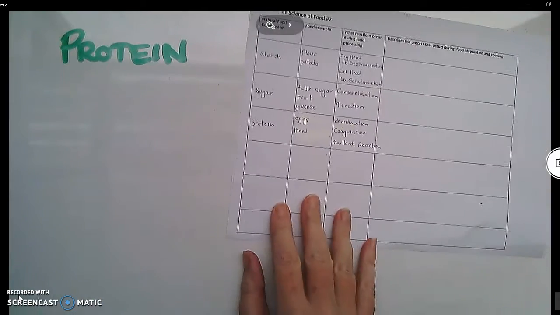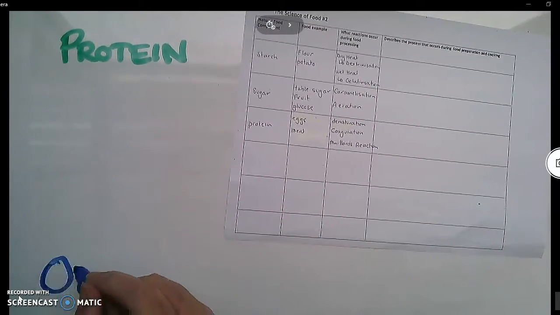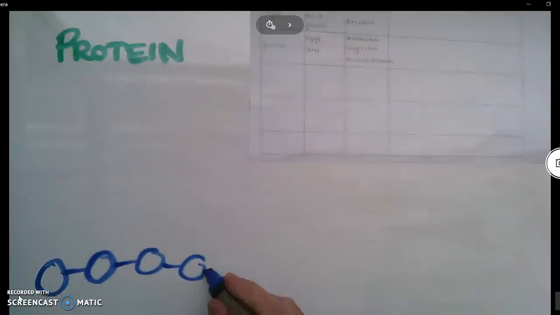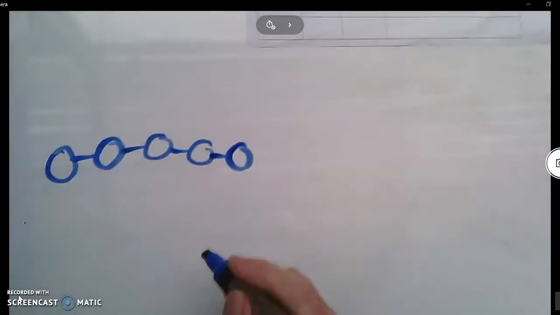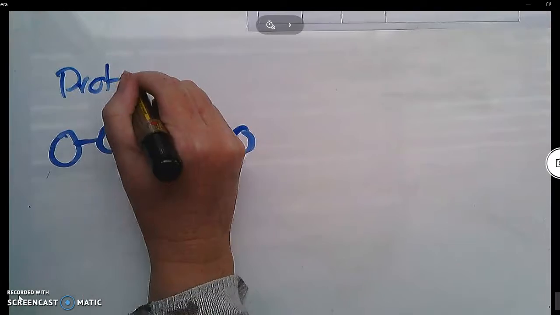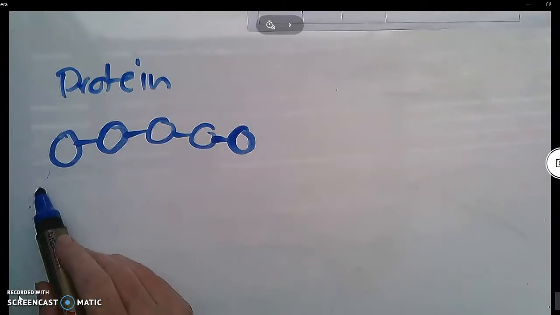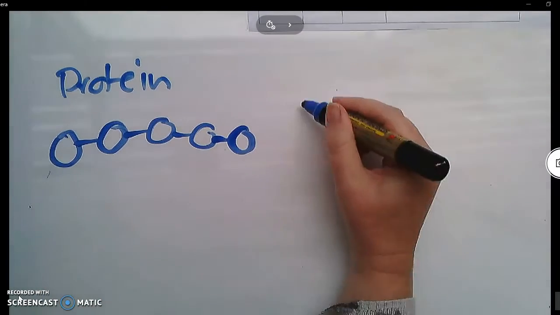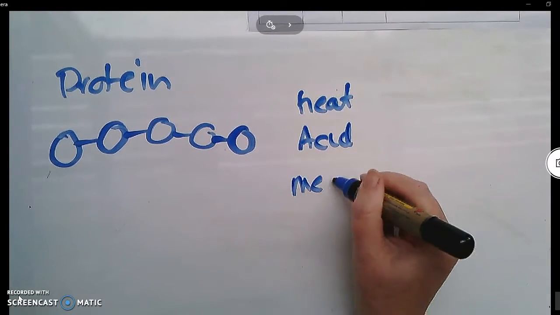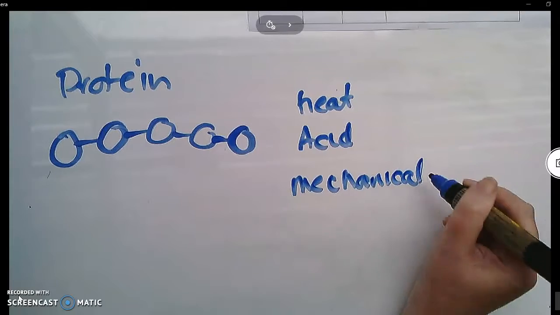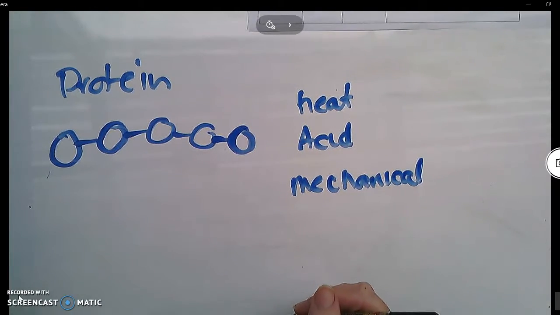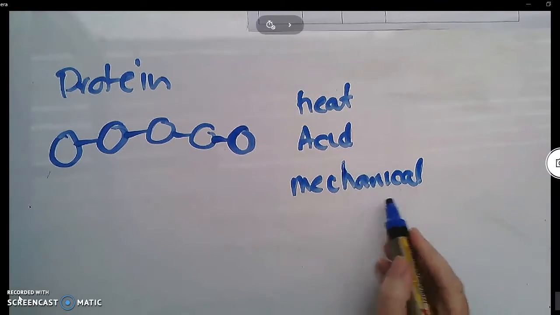So if we have a look at our protein strand again, it's made up of our amino acids that are held together with bonds. Okay, so this is a protein strand. Now, when we process this during cooking, and it doesn't have to just be heat, it can be heat, it can be an acid, or it can be mechanical action. That's something like beating, or when we get our piece of steak and we bash it before we cook it, that's a mechanical action as well.